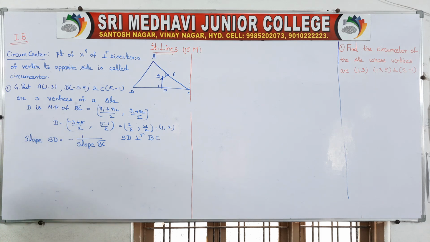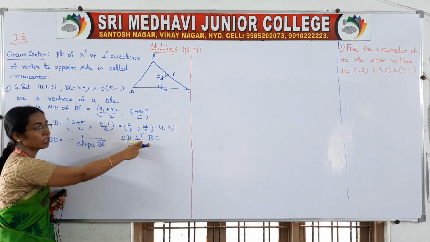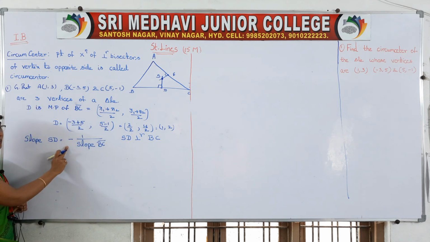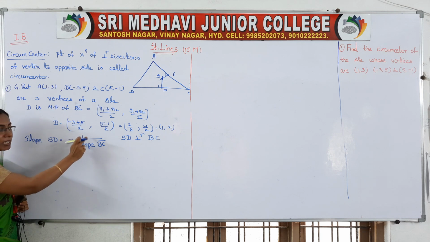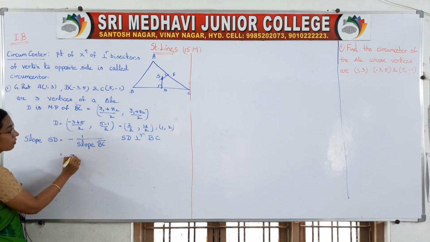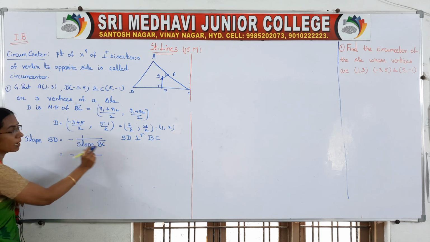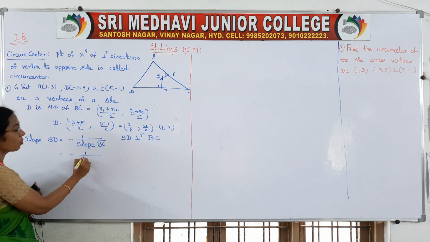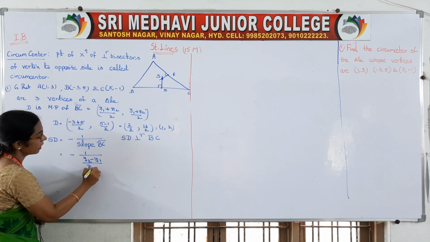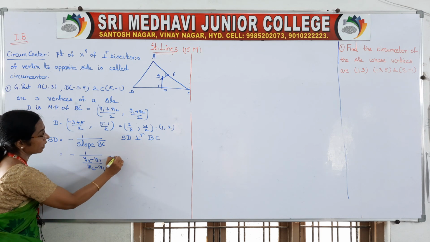It is a formula. If 2 points are given to us, the slope is (y2 minus y1) by (x2 minus x1).